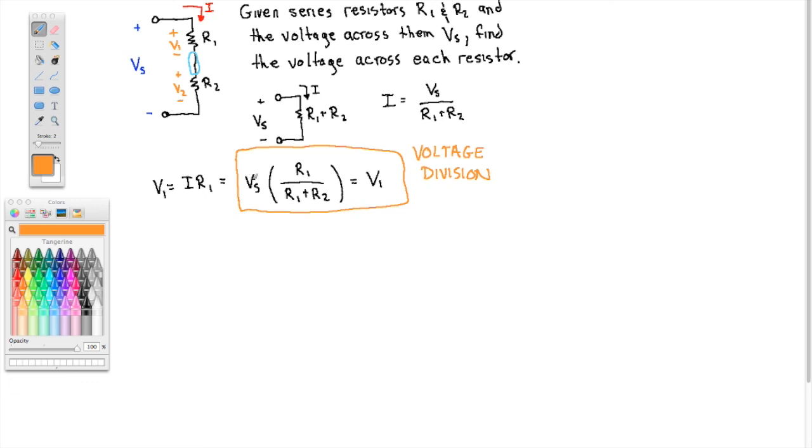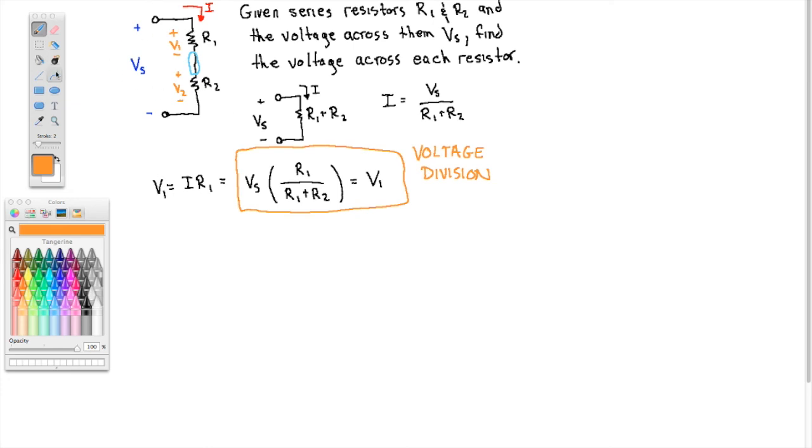Tell me Vs, tell me the volts across the combination, and put the resistor whose voltage I want in the numerator divided by the sum of the two resistors in the denominator. That gives me the voltage across the single resistor.